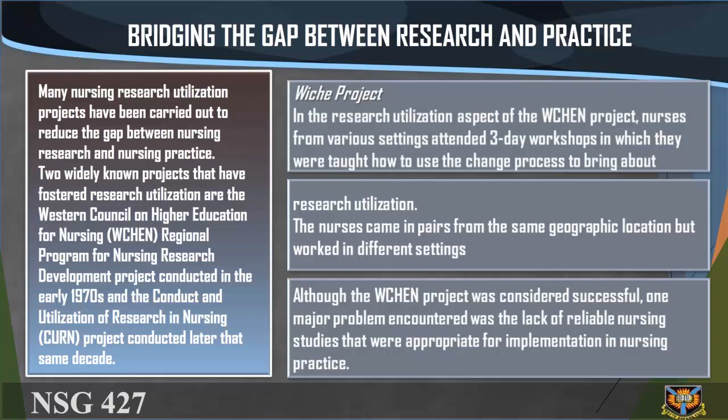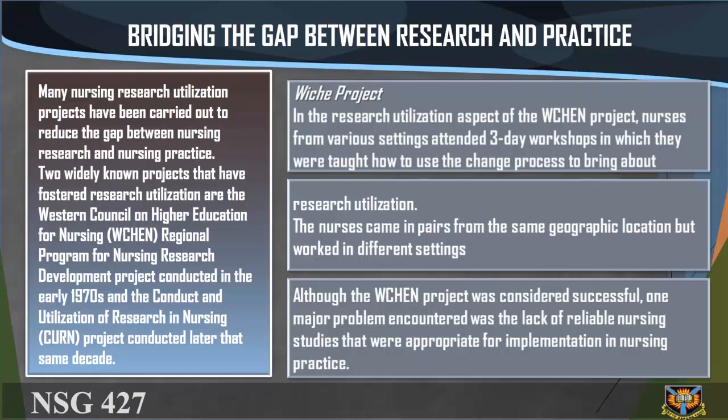In the research utilization aspect of the WCHEN project, nurses from various settings attended 3-day workshops in which they were taught how to use the change process to bring about research utilization.